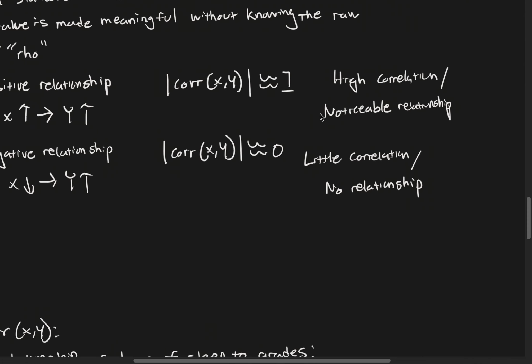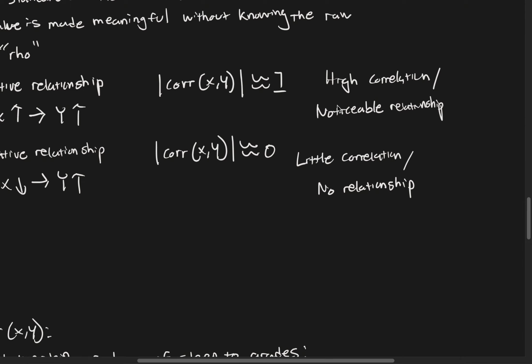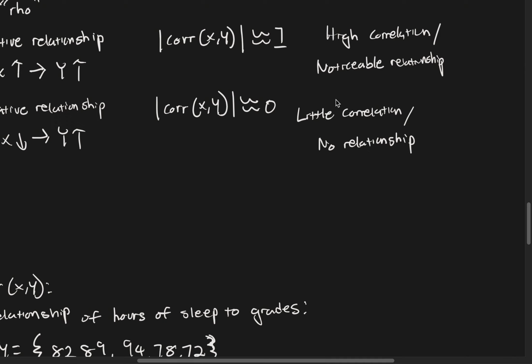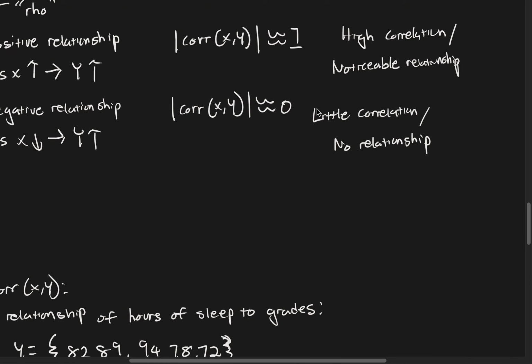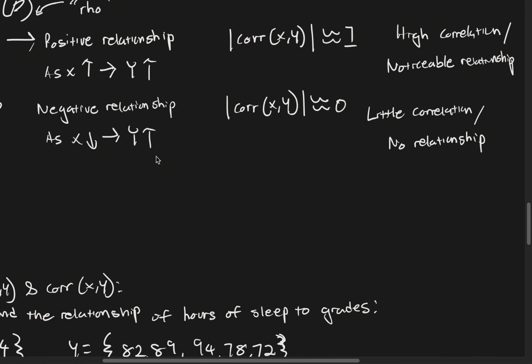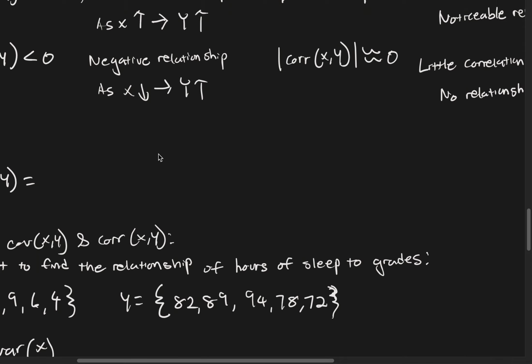And if the absolute value of the correlation is close to 1, I say absolute value because it can also be close to -1, then there's a high correlation or a very noticeable relationship. In contrast, if the correlation is close to 0, there is small correlation or very little noticeable relationship between x and y.